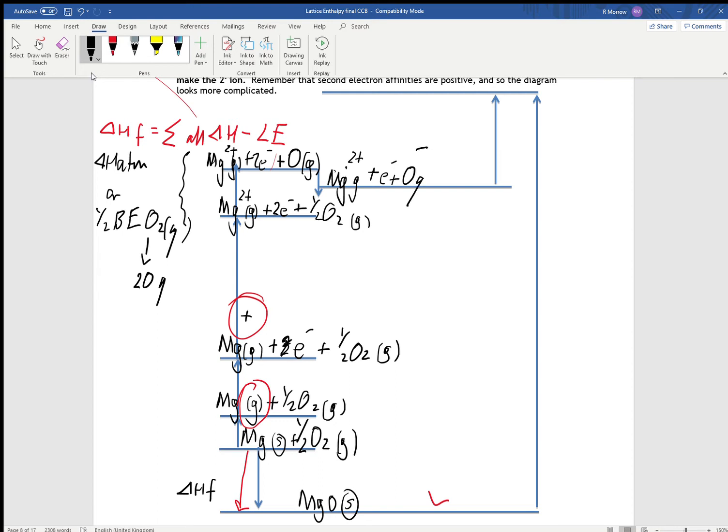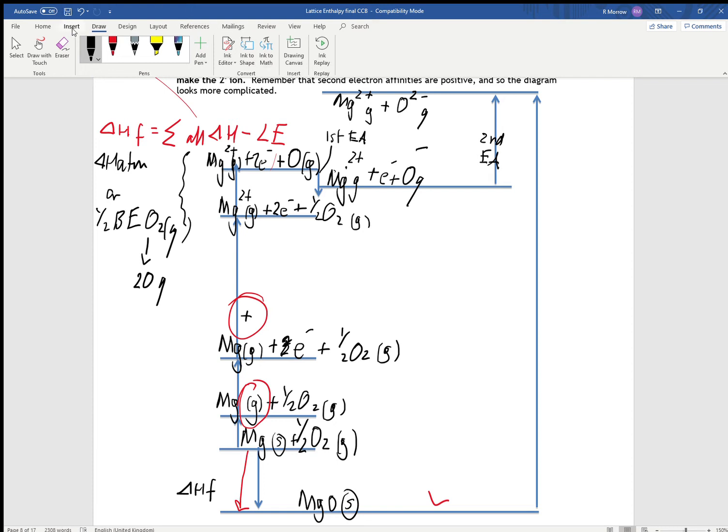Now this arrow is going up again, implying an endothermic process, and that is the second electron affinity of oxygen. Now both my electrons are gone. The first electron affinity is exothermic, and the second electron affinity is endothermic; in other words, it requires energy.